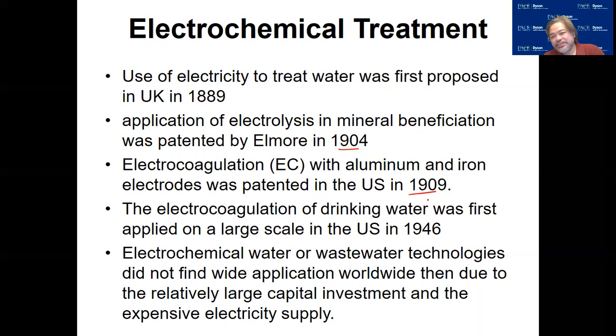So this is a 100-year-old or more than 100-year-old technology. Okay, and electrocoagulation of drinking water was first applied on a large scale in the US in 1946. So electrochemical water or wastewater technologies did not find wide application worldwide then due to the relatively large capital investment and the expensive electricity supply.